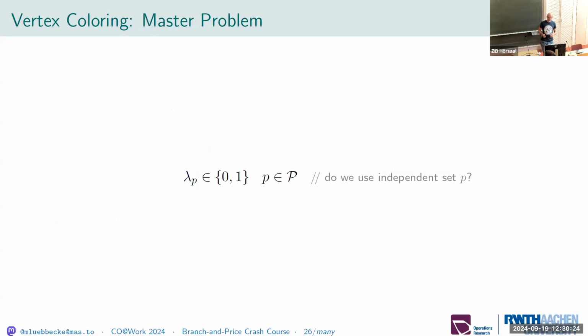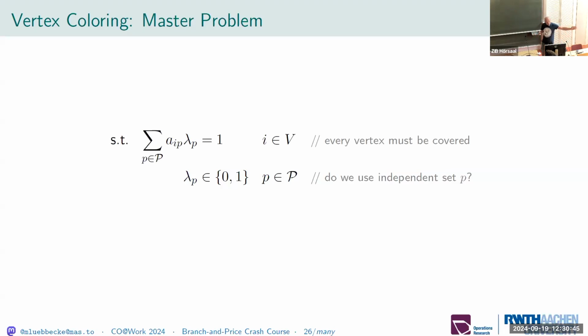Based on this, we can do it just like we did. We will have a variable for every stable set in the graph. Will I use that stable set, yes or no? So it's a binary variable this time. I have to ensure that every vertex will be covered by one of the stable sets, exactly one.